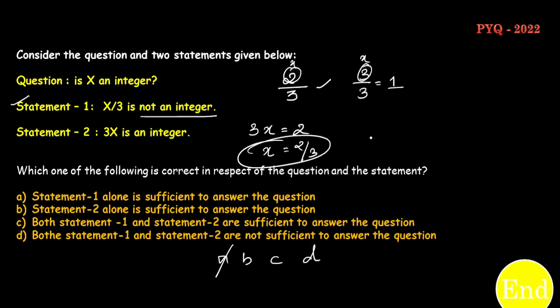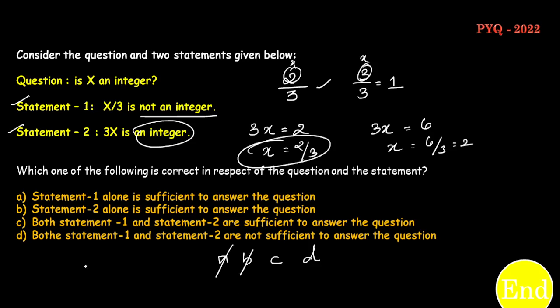If I take more than 3, it is possible. Look at this. If 3x is equal to 6, then 6 by 3 is 2. So this is an integer. But less than 3, definitely not. And also, if you take 4, it is not possible. So neither statement gives the right answer.